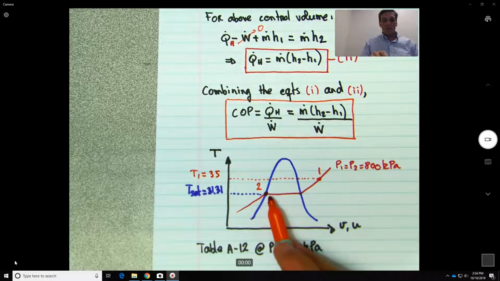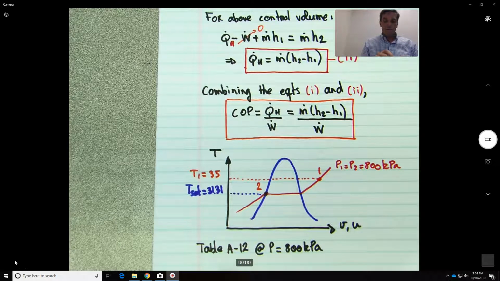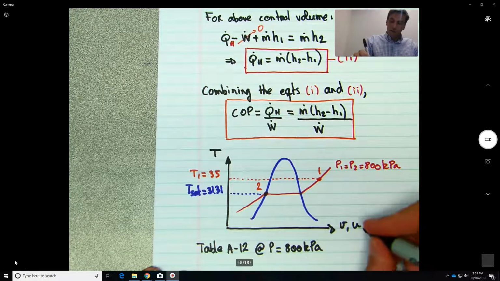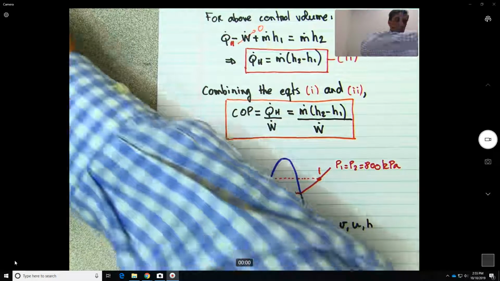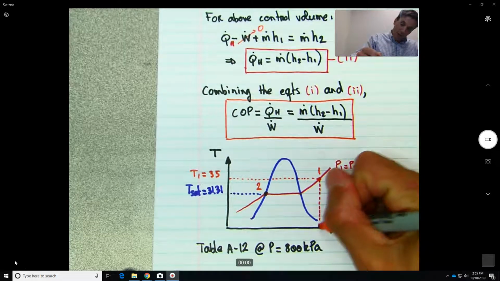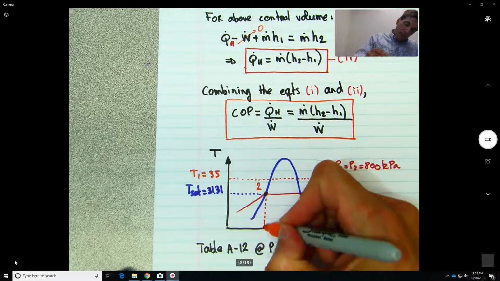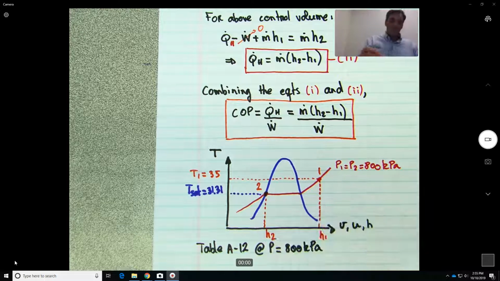Okay, and the temperature at state 2 then will be 31.31. Alright? Okay, so now we need to find out, so this could be V, U, or H. So from this figure, basically, now we know that here will be H1, and this will be H2.